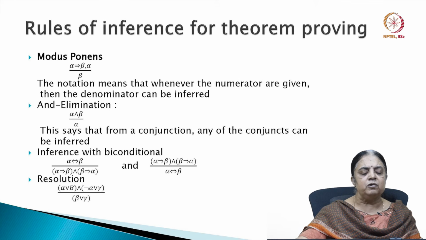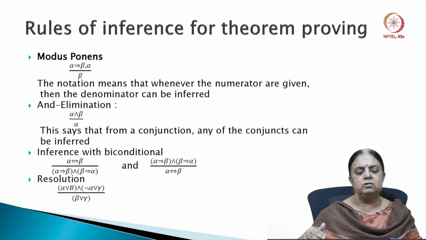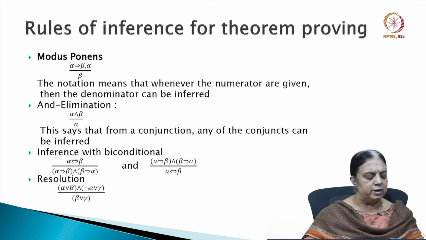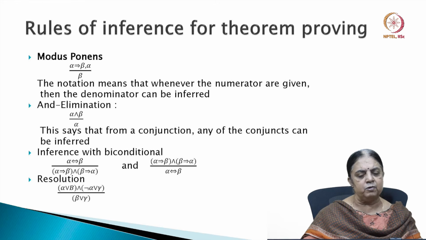The alpha and not alpha are removed, and you get beta or gamma. So beta or gamma is inferred from these two sentences together. That is the resolution. We make use of all these rules of inference when we are trying to carry out theorem proving.